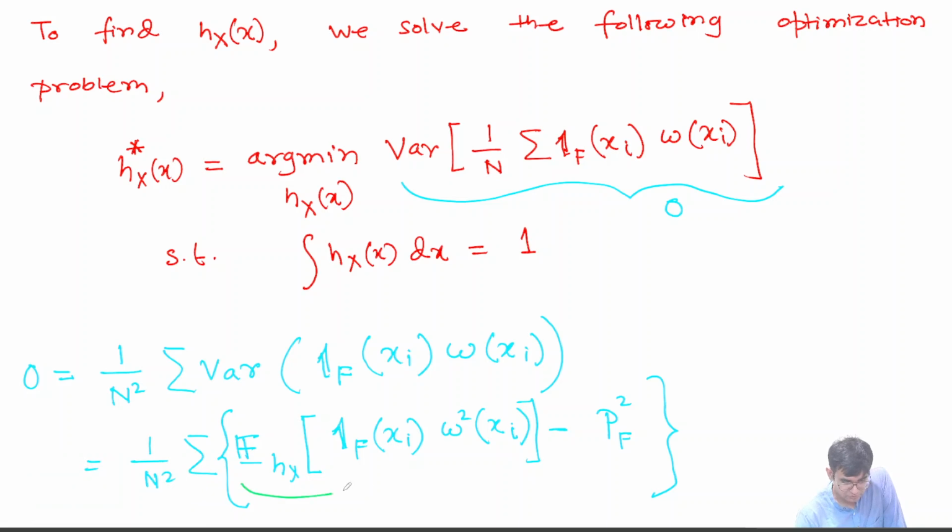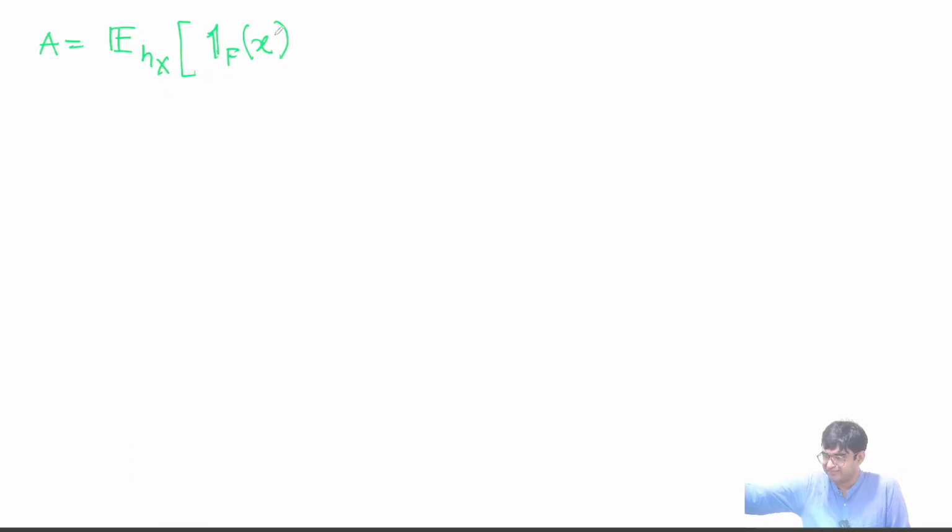This is the term we will work with. Let's call it A. So A is what we are working with. A is equal to the expectation with respect to Hx of the indicator function of x, because I want to make it generic, it should work for any x, multiplied by w square x.